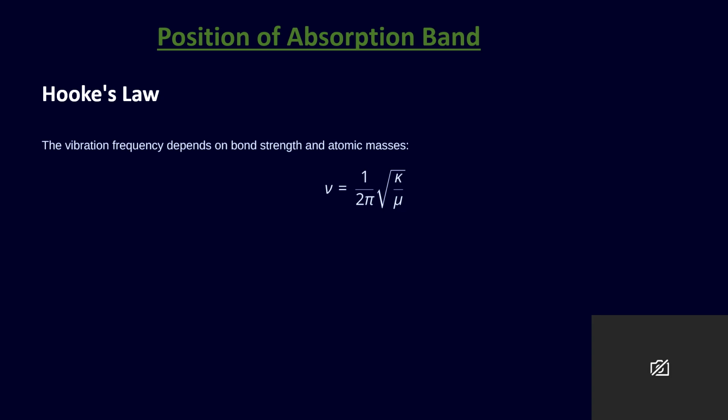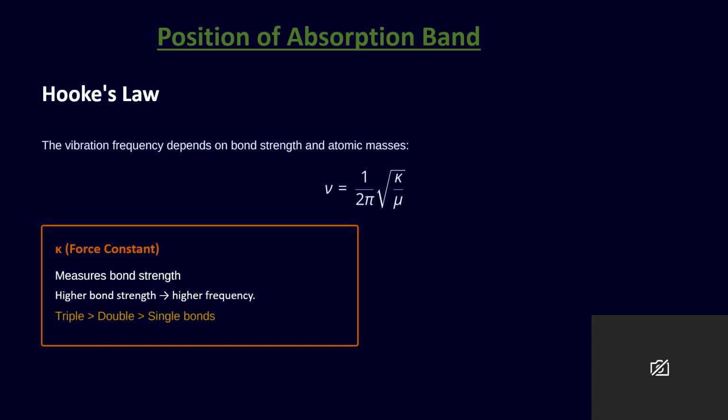Now, where the absorption will occur, means at what frequency this absorption will occur, is governed by Hooke's law. Hooke's law states that the frequency of the absorption band is equal to 1 by 2 pi root over k by mu, where k is the force constant, which is the measure of the bond strength.